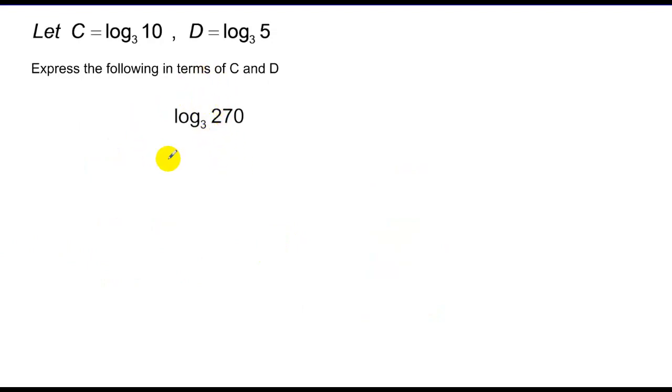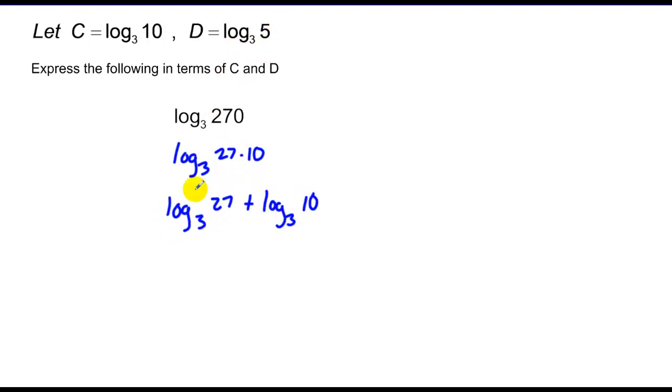And lastly, we go to log base 3 of 270, and I want to try once again to do 10s and 5s, but I'm going to have a problem here because I got a 27 in this. I see that if I go the log base 3 of 27 times 10, that's the first thing I can think of when I go to 270. And if I split that apart, that's the log base 3 of 27 plus the log base 3 of 10.